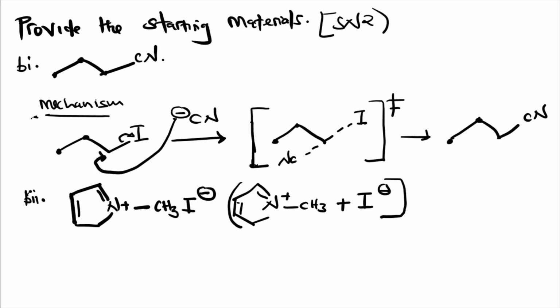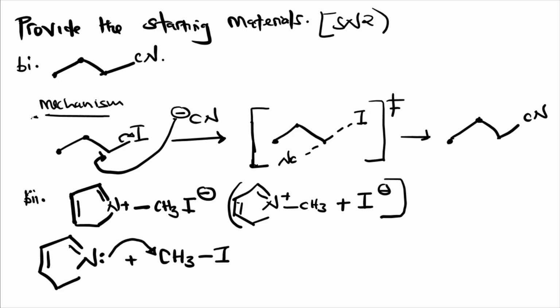So the starting materials in order to form this compound in solution were this. We reacted this compound here that had a lone pair of electrons with methyl iodide, and then this attacked this alpha carbon.